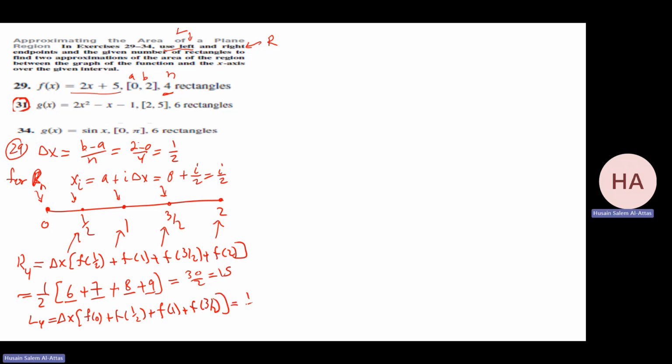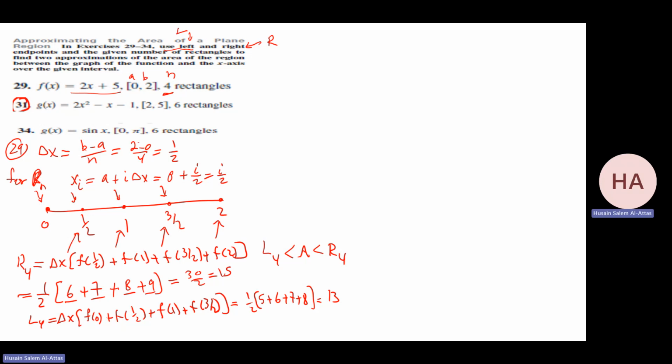That gives me half times 5 plus 6 plus 7 plus 8. That will be 26 over 2, which is 13. That will be L4. So my area will be between L4 and R4, between 13 and 15, something like that.